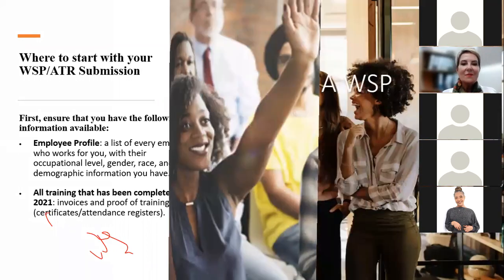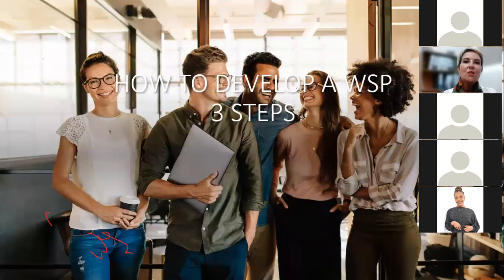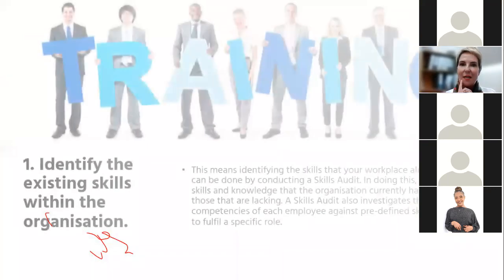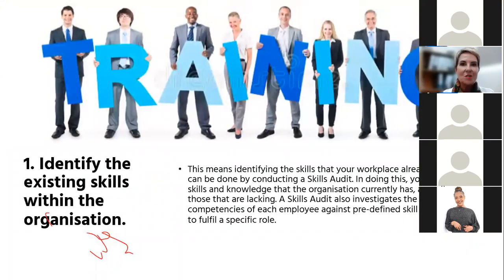So ladies and gents, I want to share a very easy 3-step approach on how to develop your WSP. The first step, after you've collated the information that I've just spoken about, is to do a proper skills audit. Let's not just train for the sake of training, or thumb-suck the WSP just to say another tick list ticked off.